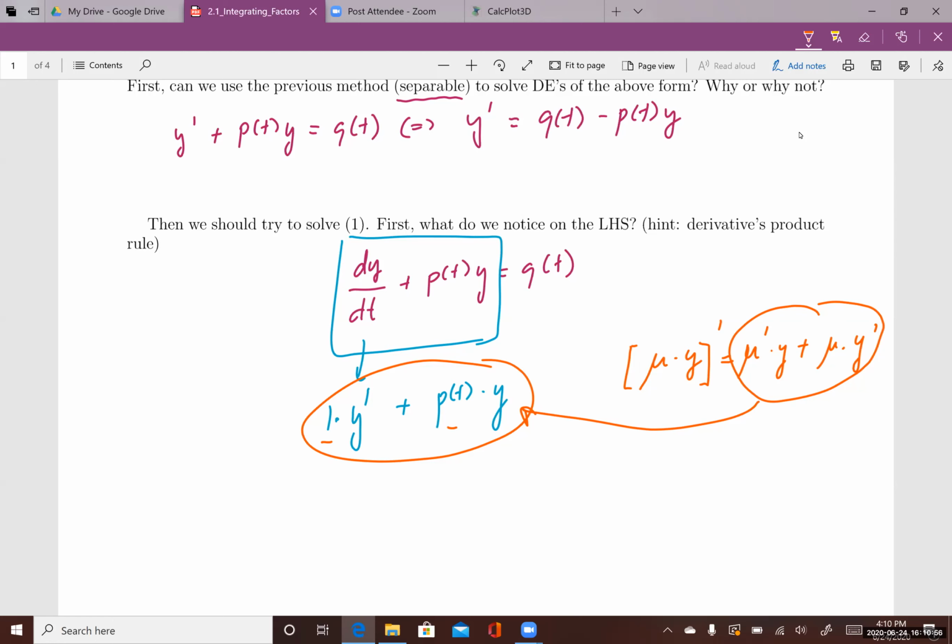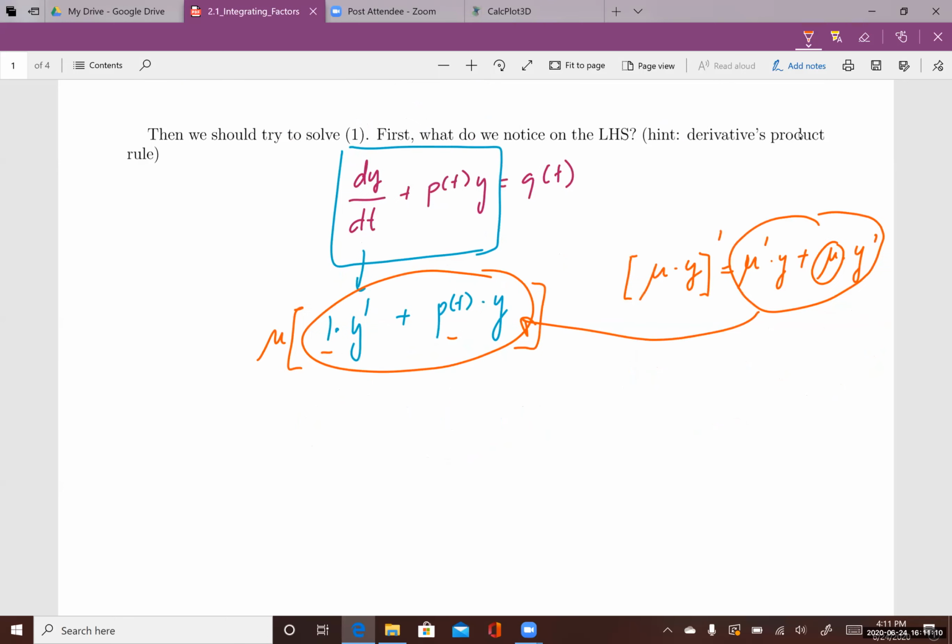I need to have mu of t, a function mu, multiplied by y prime here. So I can multiply the whole thing here by mu to get mu times y prime plus mu times p times y. And again, y and mu and p are functions in terms of t.